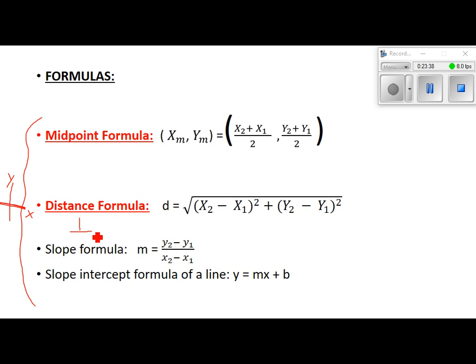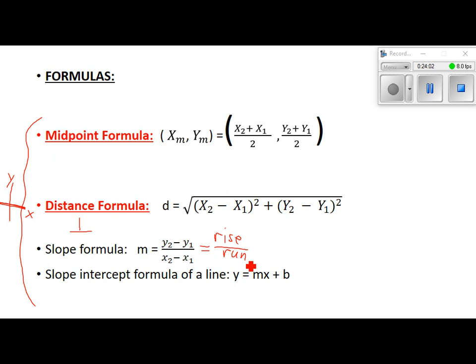Slope formula, might want to write in there, instead of subtracting the y's on top and subtracting the x's on bottom, what's the better way that you guys probably remember? Rise over run. How much up or down you go, how much left or right you go. Slope-intercept form, everybody always gets these two confused.